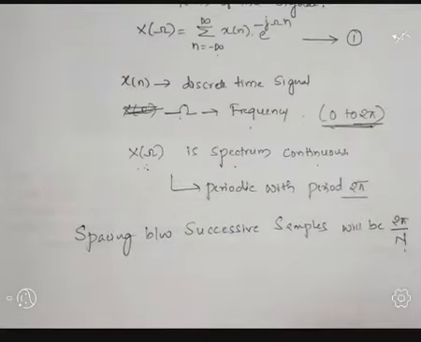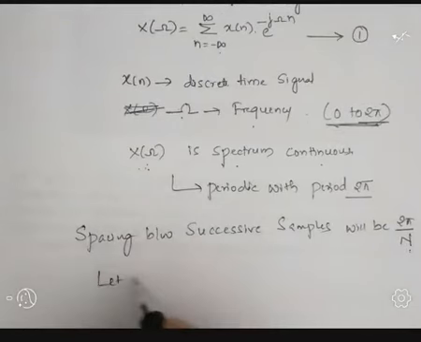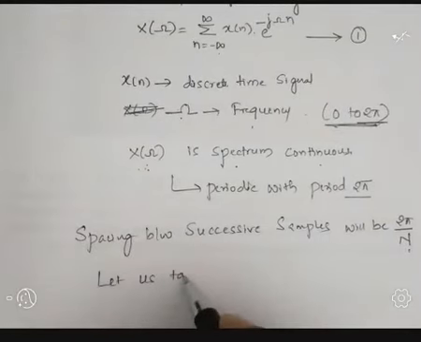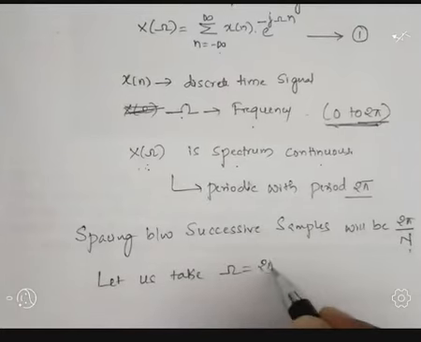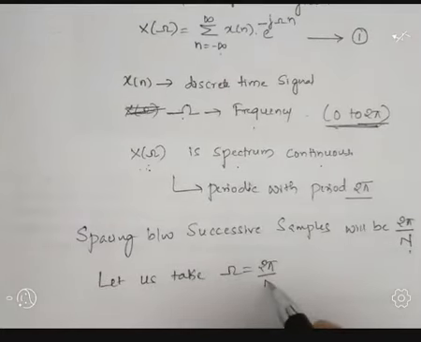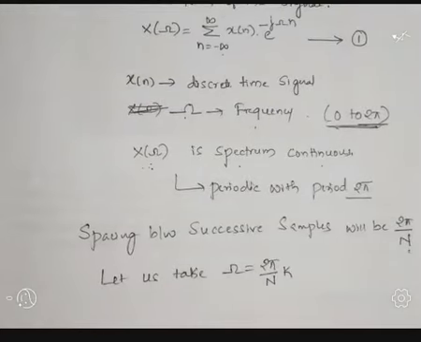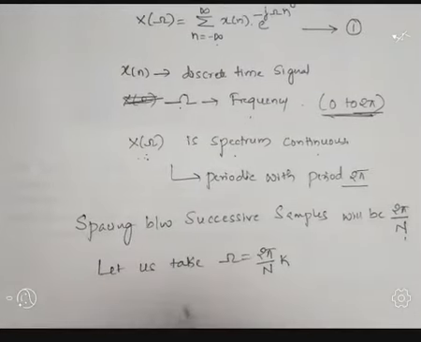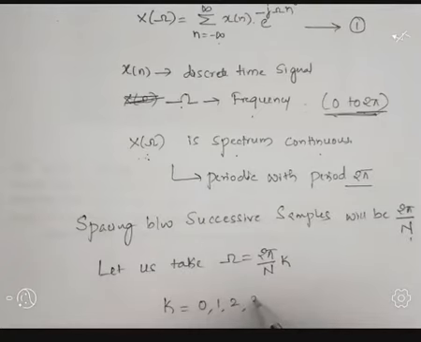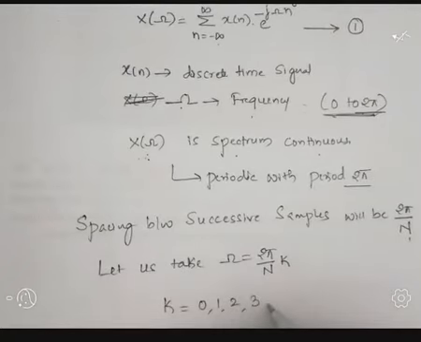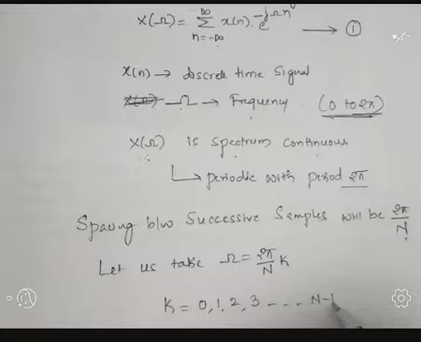So I am going to represent it in standard format. Let us take omega equal to 2 pi by N into k, where k is an integer value. The value of k varies from 0, 1, 2, 3, and so on up to N minus 1. Why does it vary from 0 to N minus 1?